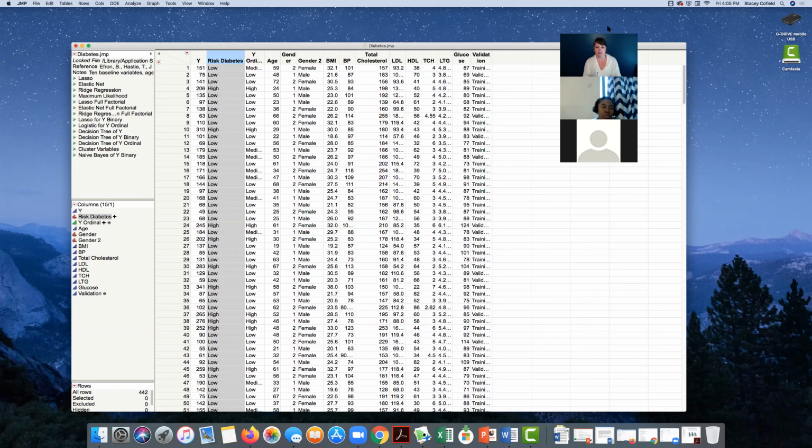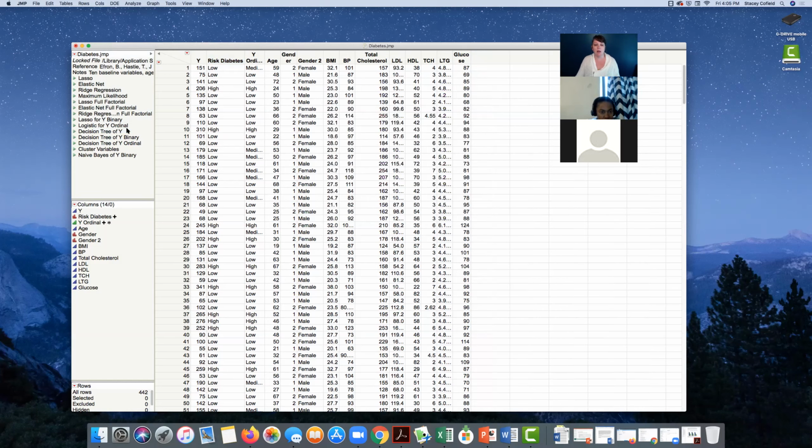And so that's sort of what this data has here. And so you can see we've got a risk of diabetes score, which is divided into low and high, and then I've got their age and I've got their gender, which I recoded because I don't like it being 1s and 2s. Their BMI, I have their systolic blood pressure, their total cholesterol, I have parts of their cholesterol, and then I have their glucose, and you can ignore, I can get rid of this column here.